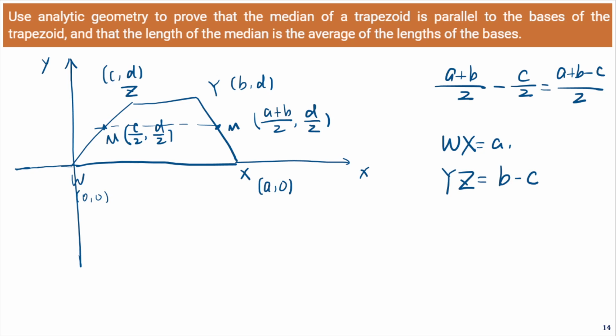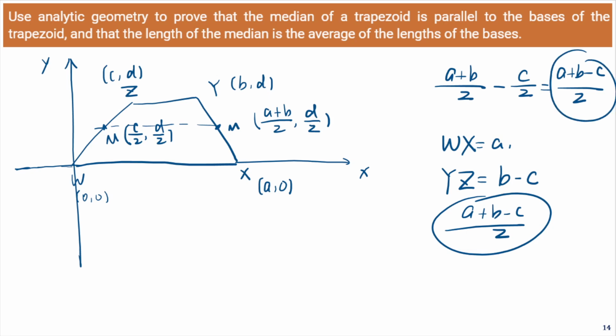So the average of the lengths of the bases is also (a+b−c)/2, right? So these two values are equal, which means the length of the median equals the average of the lengths of the bases. Also notice that every step of this proof is valid for all other arrangements.